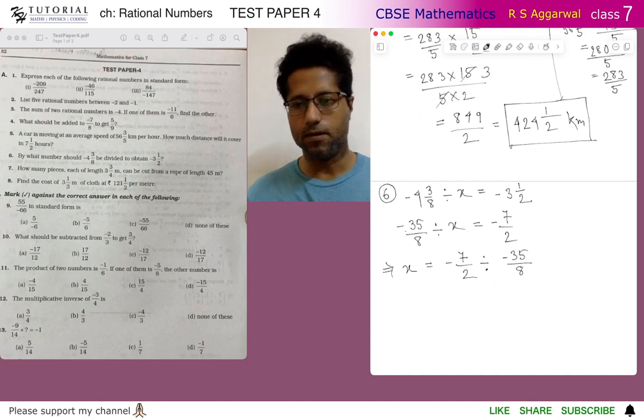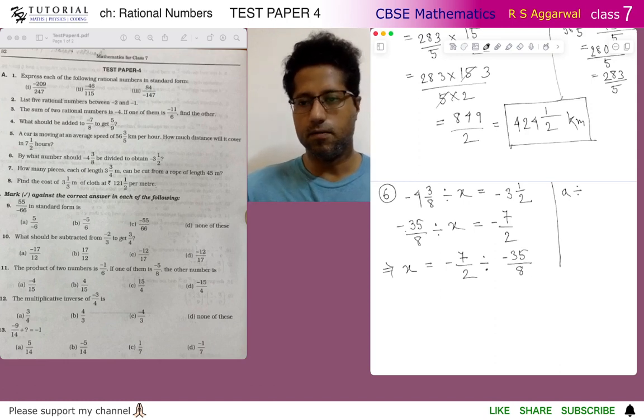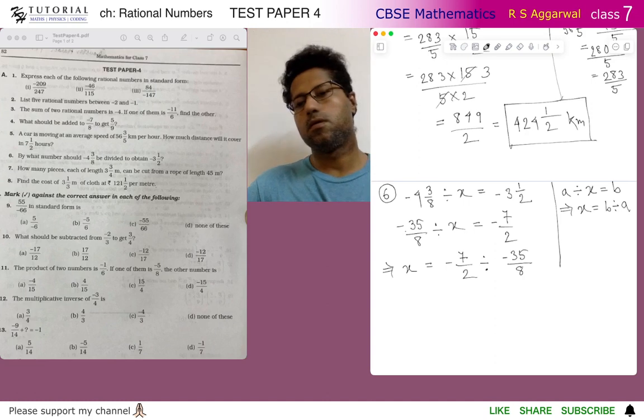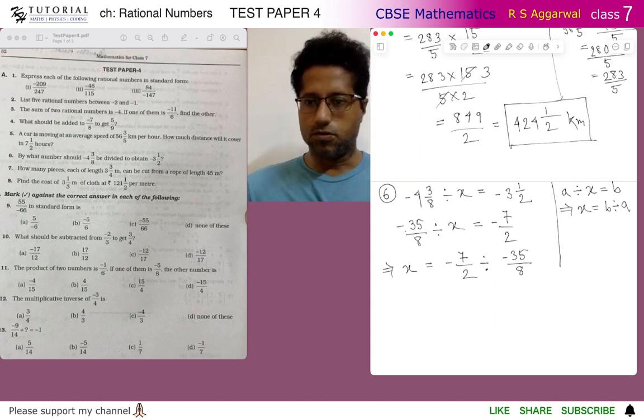So, a side note: when we divide a number a by a variable x and we get another constant b, then we have to find x. This implies that x equals b divided by a. Sorry, this is wrong.